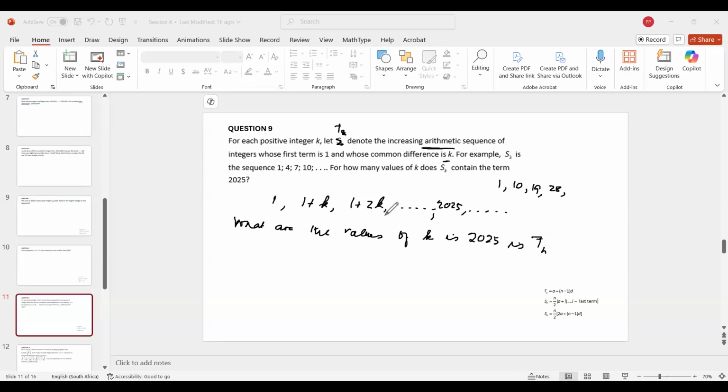Right? These terms here are Tn. So you want this thing here to be one of these terms. So Tn equals 2025. And here right in the corner, if you can see, I've got the formula for Tn, which we've already used. So Tn is a plus n minus 1 times d, is 2025.